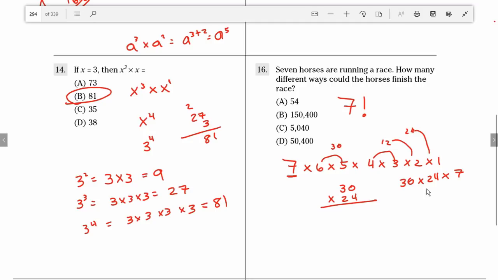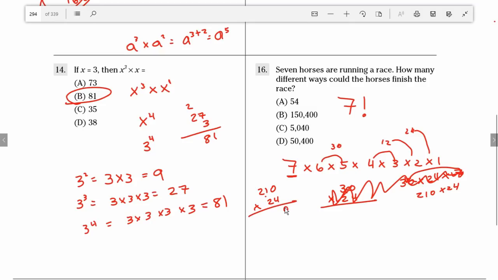Let's get this result and then multiply it by 7. Or we can say 30 times 7 is 210 times 24, because 30 times 7 is 210. Let's work it out that way. It's a little easier. So 210 times 24.